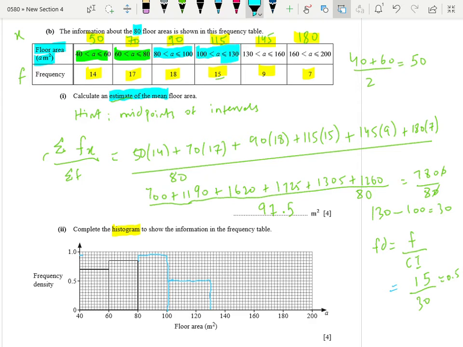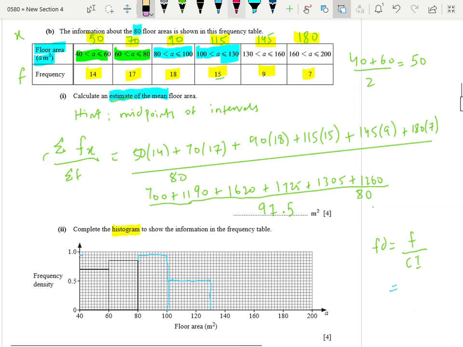I've gained 2 marks, and now 130 to 160. All right, so let's do this one more time, and this time it is going to be frequency of 9 divided by class interval that we have to find out. 160 minus 130 would be 30, so this would be 0.3, right? Not 6.3.